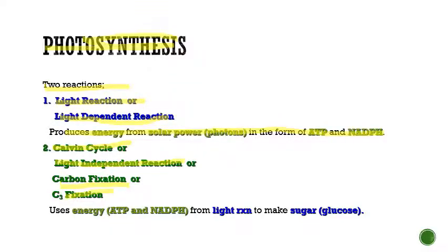Whereas in the light independent reaction or the dark reaction, it uses the energy, that is the ATP and NADPH produced from the light reaction, to make the sugar or the glucose molecule. That's the overall mechanism involved in photosynthesis.